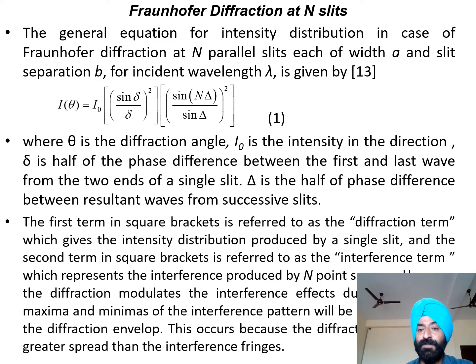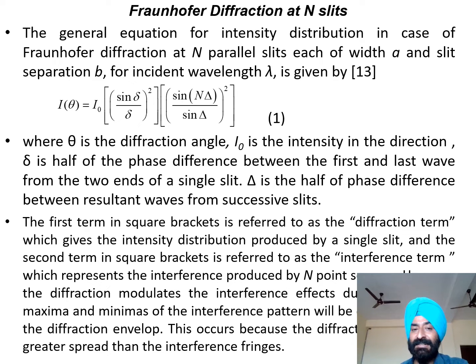So for Fraunhofer diffraction of N slits, the intensity at any point at an angle theta is given by these two terms. This is the peak intensity, which we can decide ourselves, or you can select any value. The first term is your diffraction term and the second is your interference term, where delta is the half phase difference between the first and the last wave from the two ends of the single slit, and this is for the successive slits.